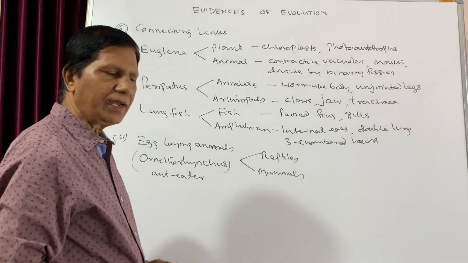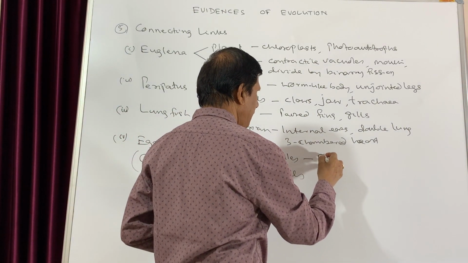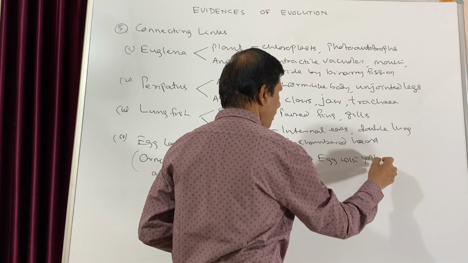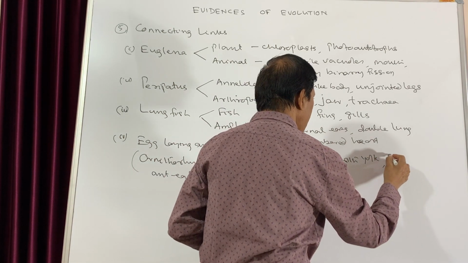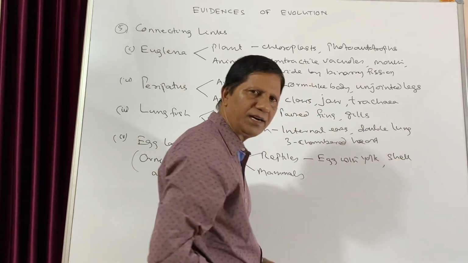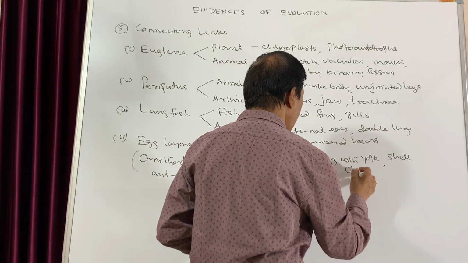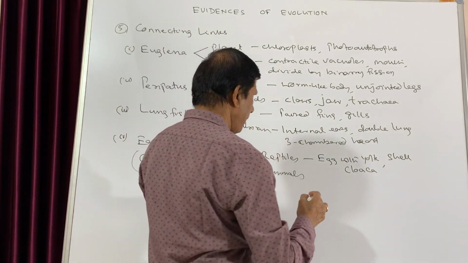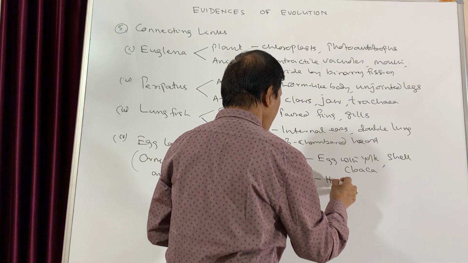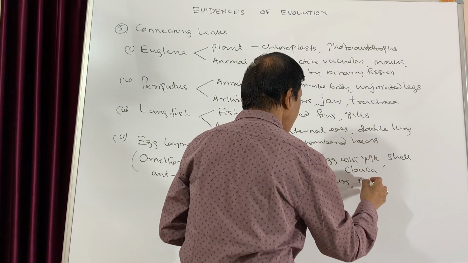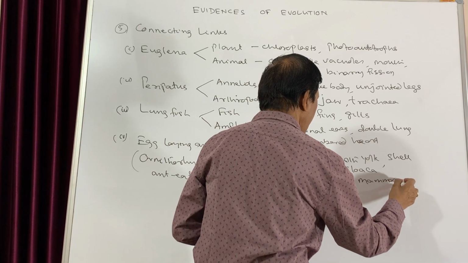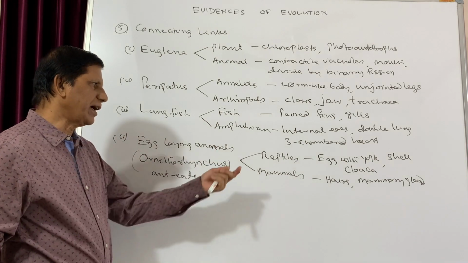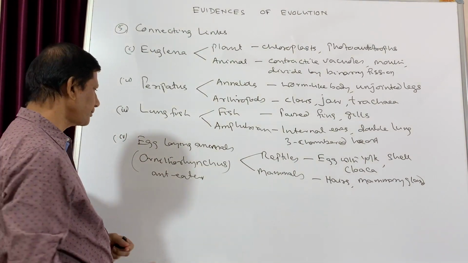So what are the reptile characters? Reptile characters are usually an egg with yolk, the presence of an outer hard shell, and also the presence of cloaca. These are the reptile characters. While the mammalian characters are the presence of hairs and mammary glands. That means the egg-laying animals have both the characters of reptiles as well as mammals.